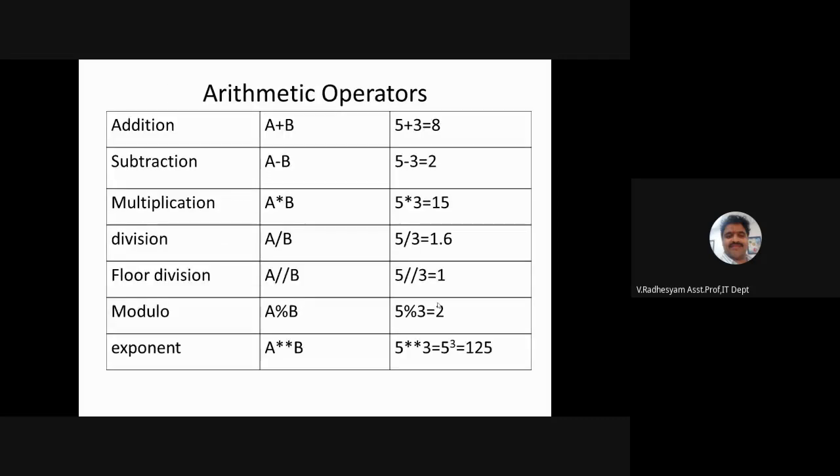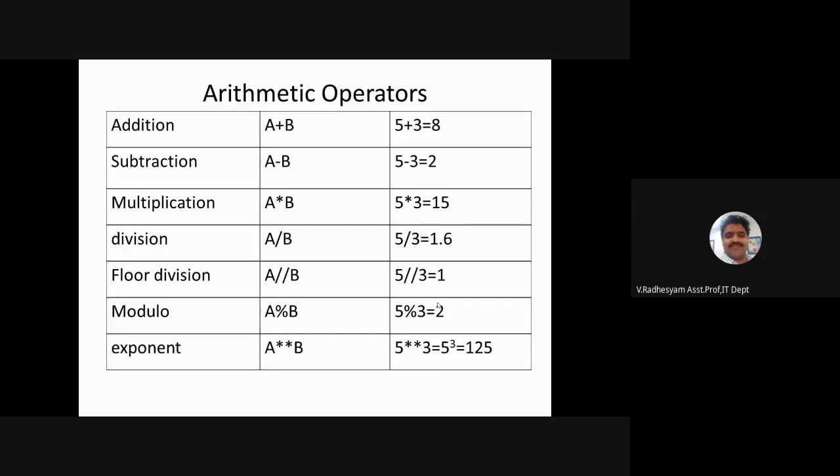Coming to arithmetic operators, as the name suggests, these operators are used to calculate the values between arithmetic operations like addition, subtraction, multiplication, division, floor division, modulo, and the exponent.